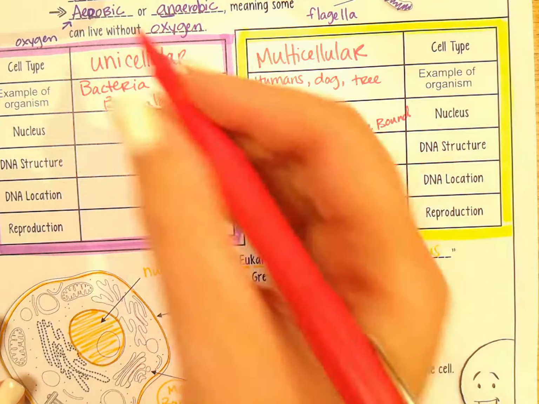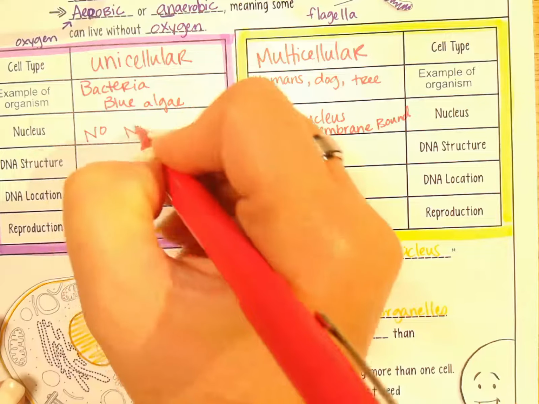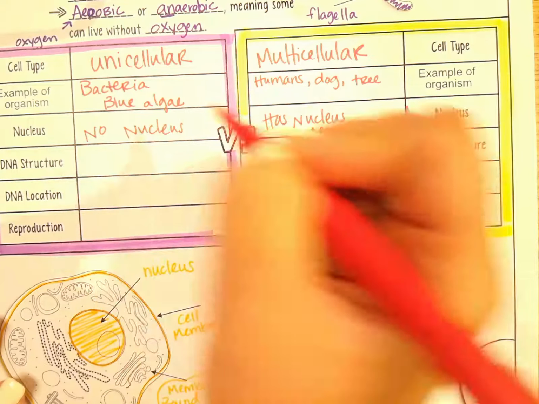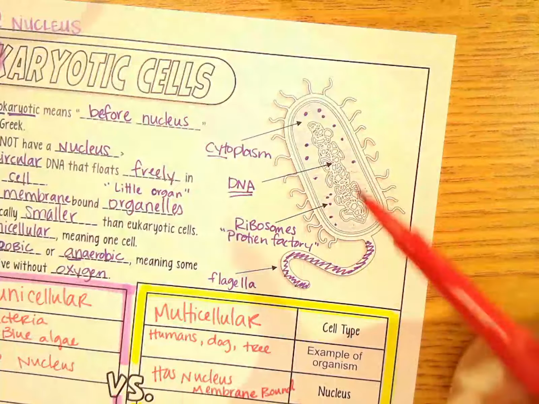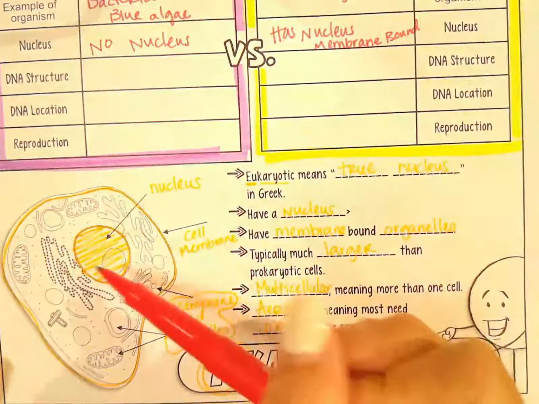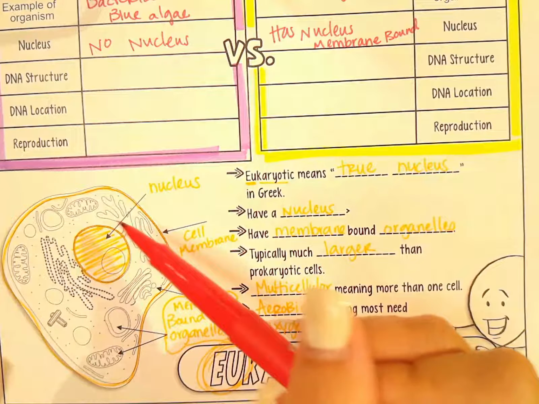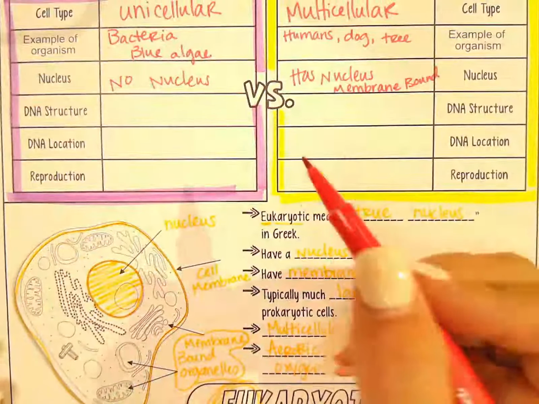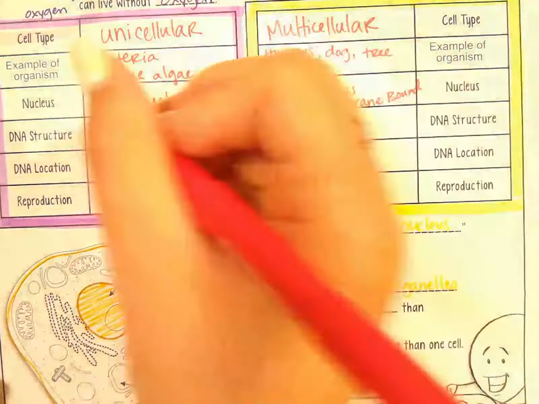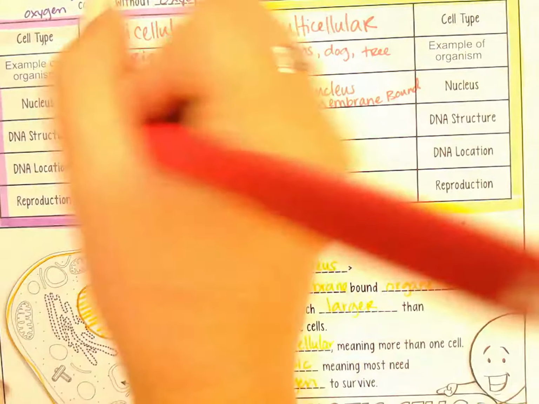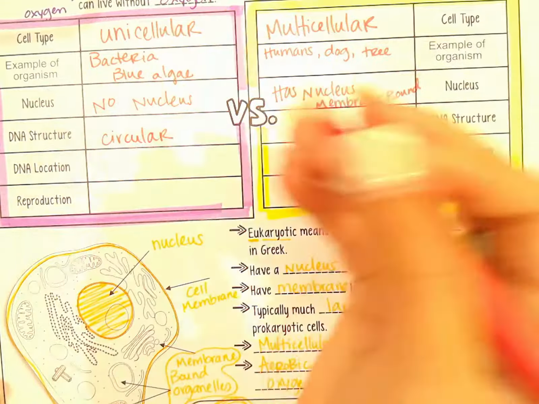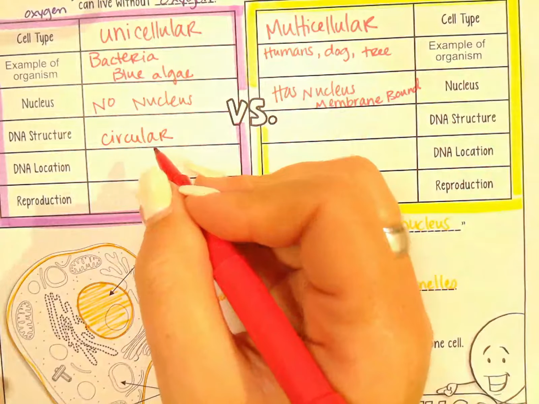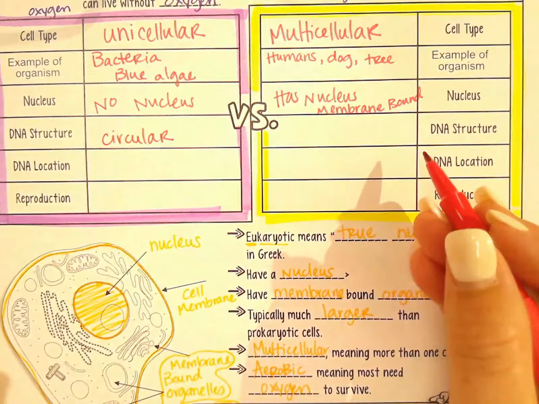Prokaryotic cells, no nucleus, right? They do not have one. They've got a wad of DNA that just floats around. They don't have a control center that manages what the cell does, okay? DNA structure, it's just kind of circular, messy. It doesn't have a particular shape, but the DNA structure in eukaryotic cells does.